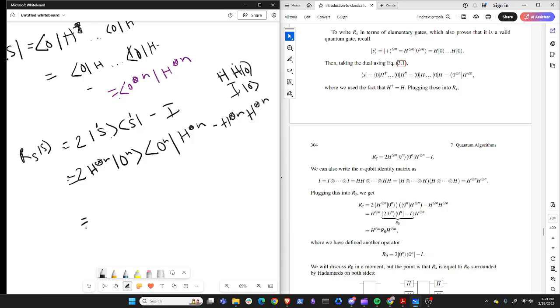So we can pull out the H n. We wind up with 2 ket 0 to the nth power, bra 0 to the nth power, minus I, Hadamard tensor product n times.